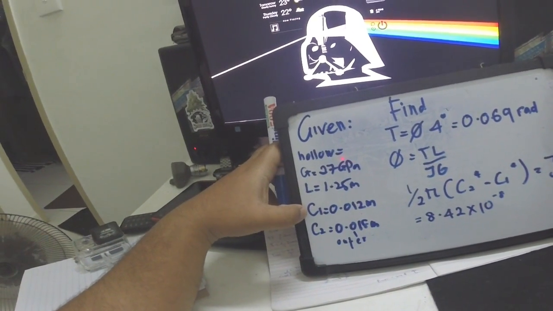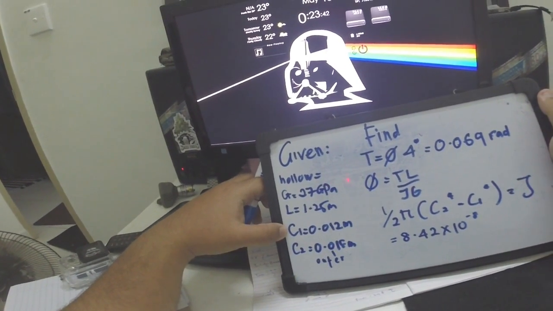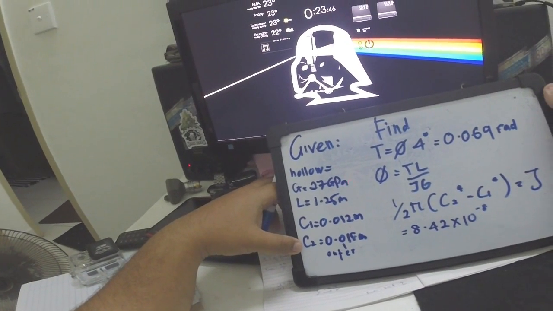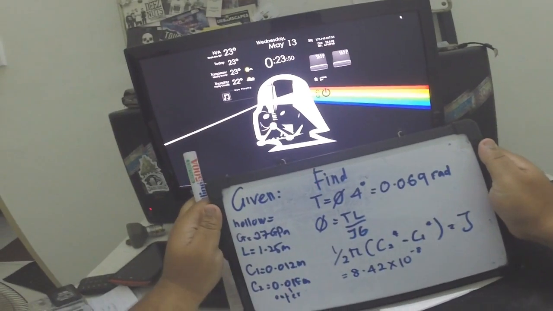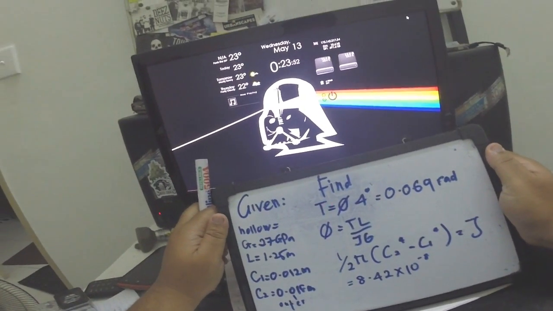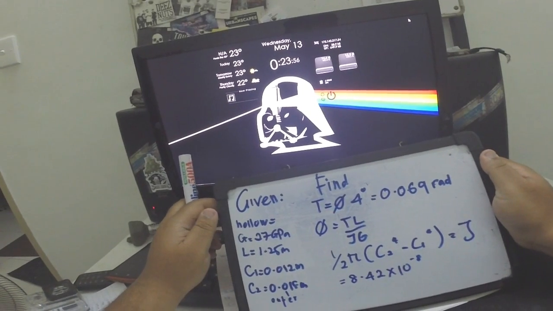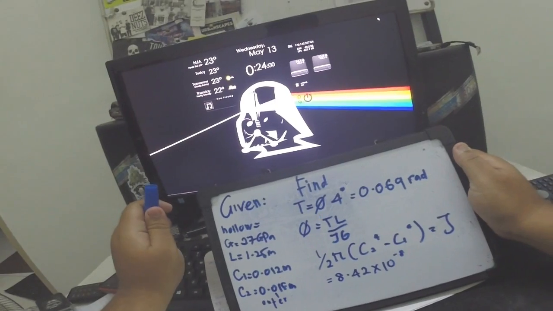For the C1, the inner radius is 0.012 meter, and the outer radius C2 is 0.018. For the first question, we must find the torque for the given angle of twist of 4 degrees.